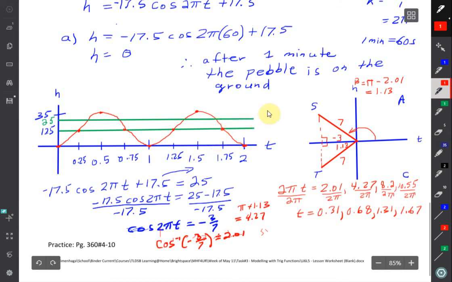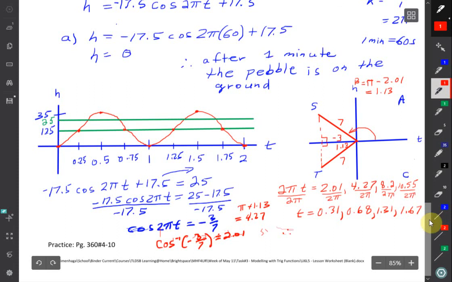So we can finally say the statement, therefore, the pebble was above 25. I'm just going to check back what the units were here.